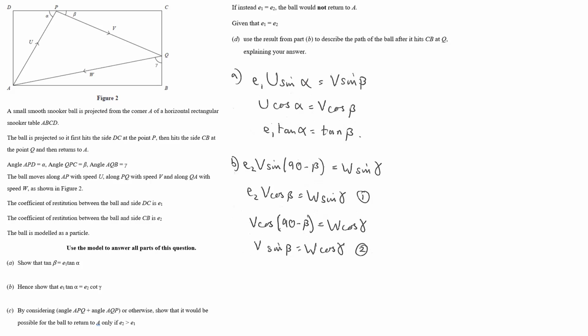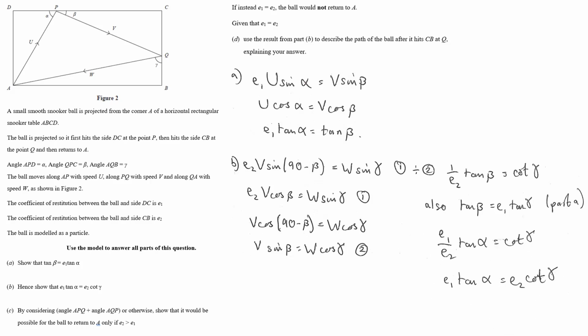And then parallel to CB, I've said V cos of that angle is equal to W cos of gamma. And we know that cos of 90 minus beta is the same as sine beta. So I've got two equations there with V's and W's.